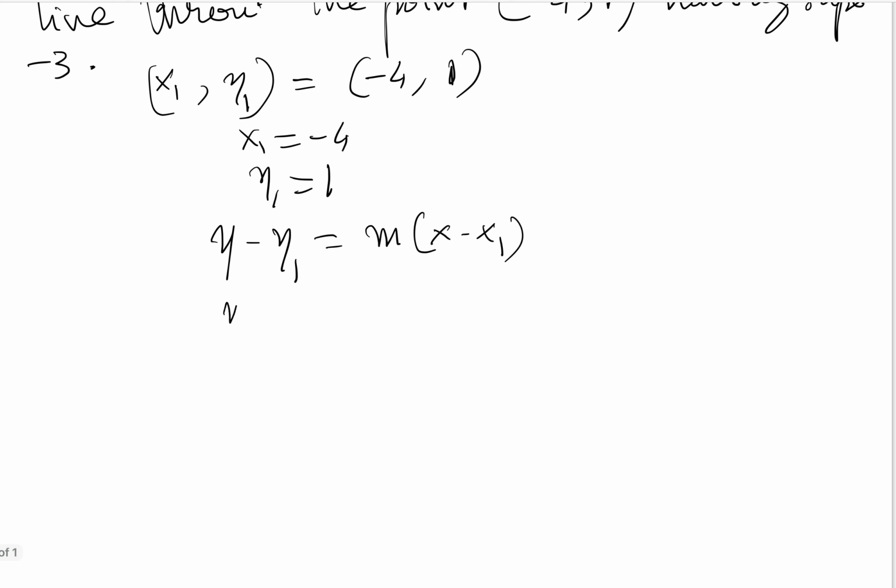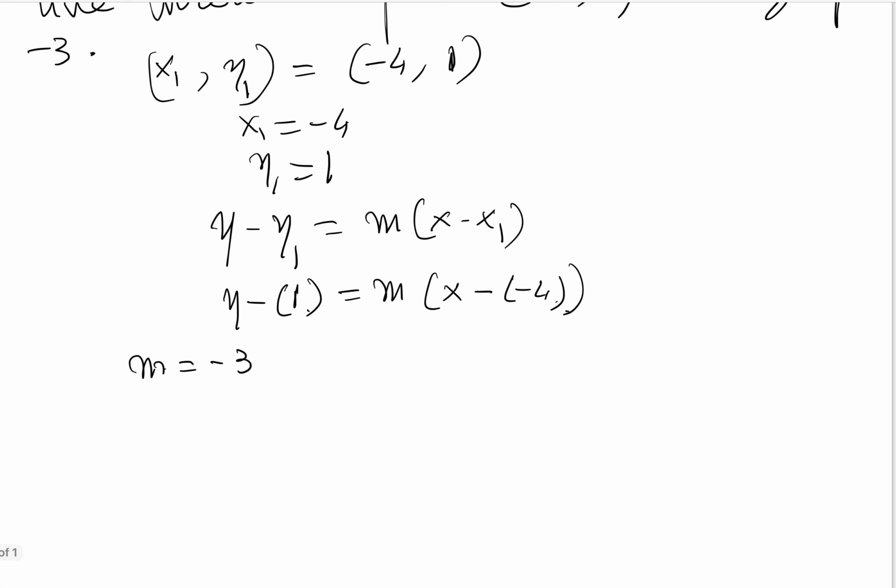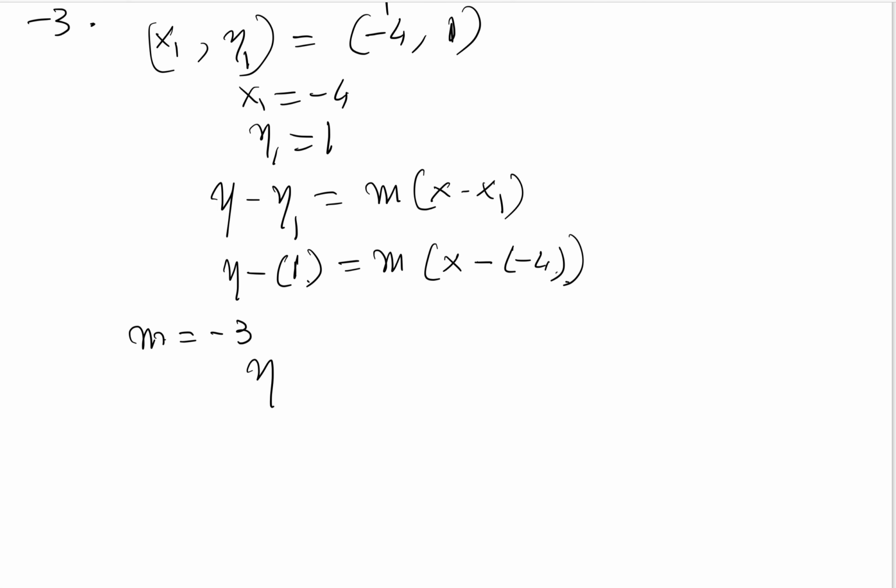You will have y minus parenthesis 1, and then m times parenthesis x minus parenthesis -4. If you don't put the parentheses, it's wrong. So you always have to put the parentheses. Now the slope m is -3. So you have y minus 1 is equal to -3 parenthesis x plus 4. Okay, that's the equation of the line.